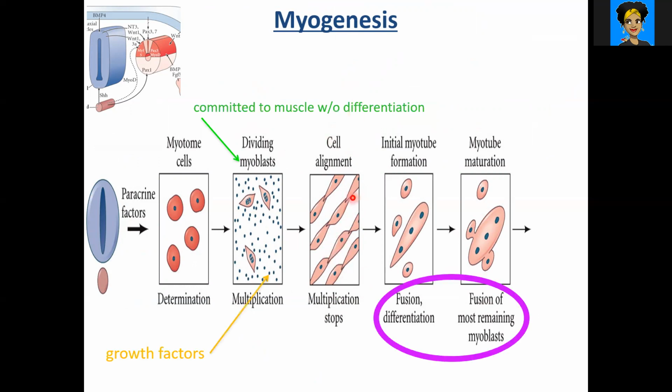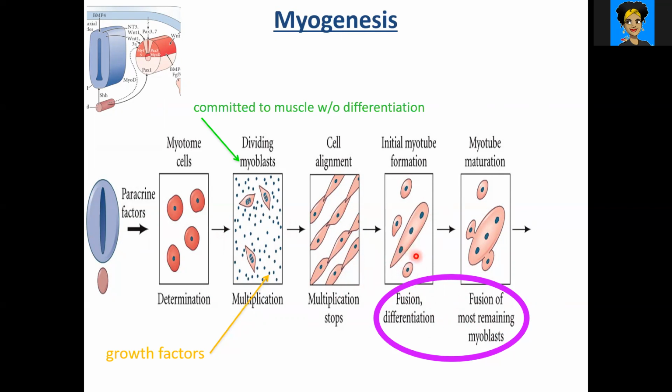And once they have started to align, starting to get into a similar organization as what we expect muscle cells to be, you start to get fusion and then myotube maturation. And so what essentially happens is all these individual cells, all these myoblasts that became more determined, multiplication stopped, they started to align, they then become fused.